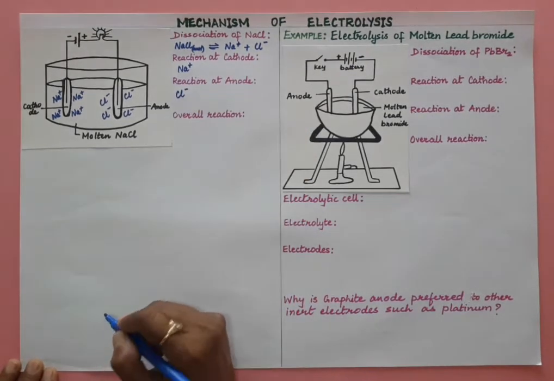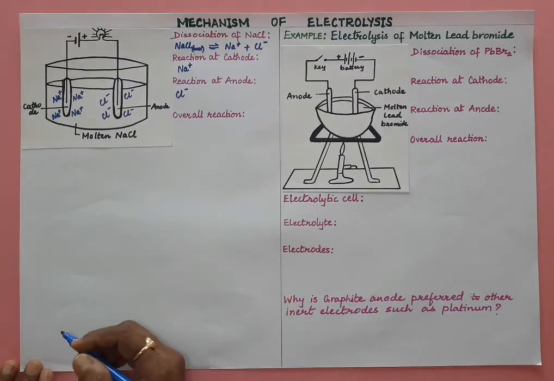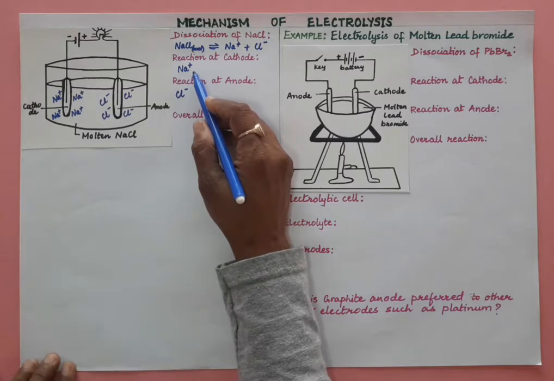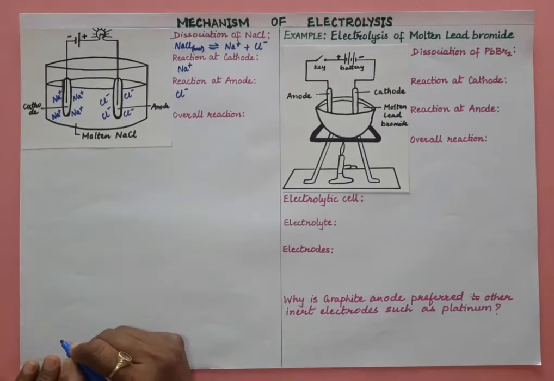Cations are electron deficient. Na+ means one electron less than the normal atom.